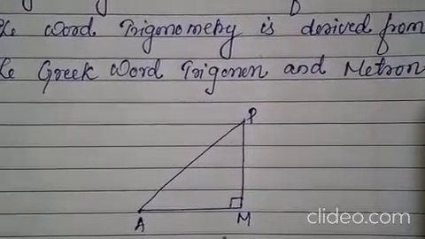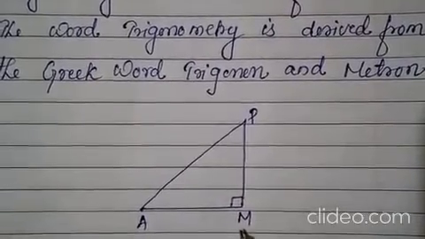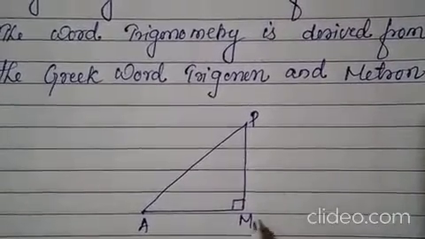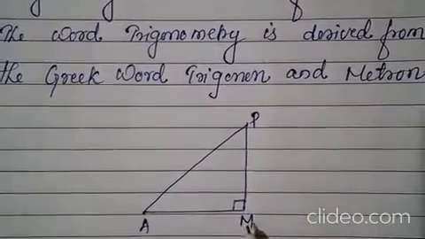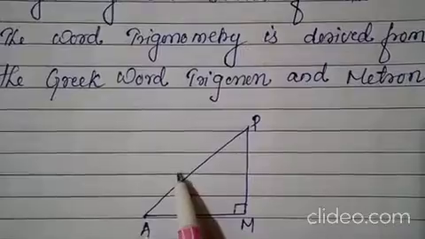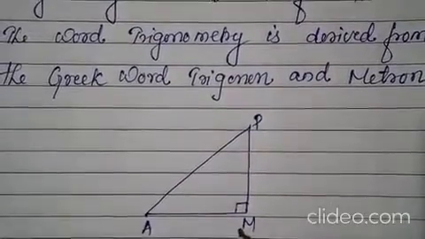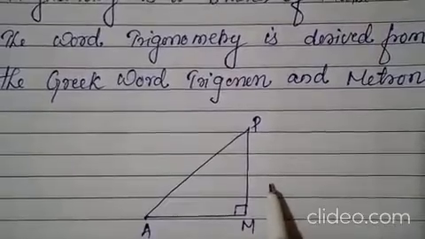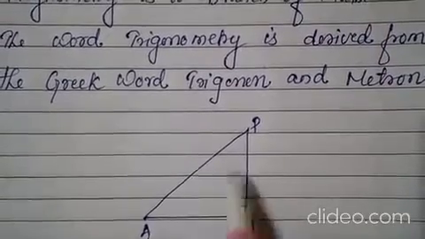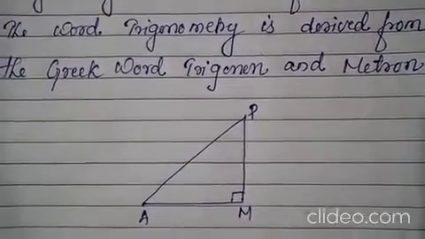In the right angle triangle, this AM is called the base, this PM is called the perpendicular, and this is called the hypotenuse. Understood? I will write for you.